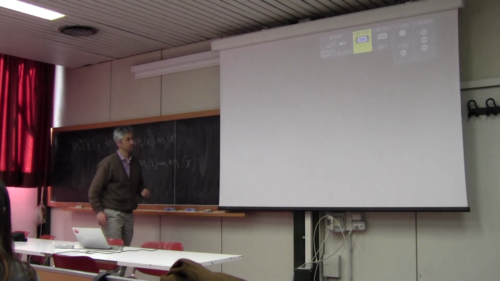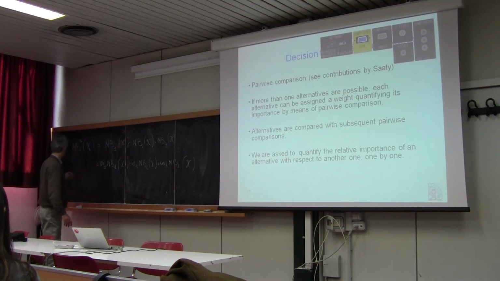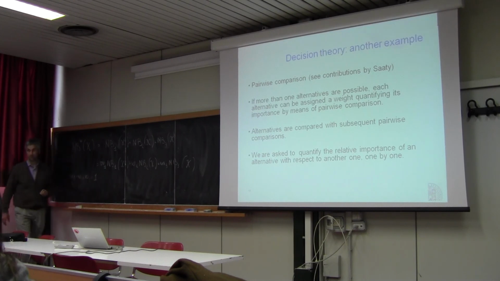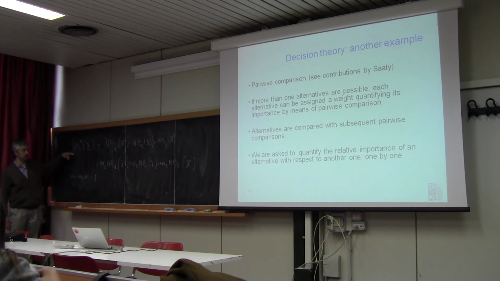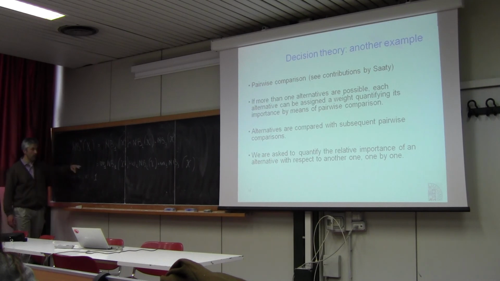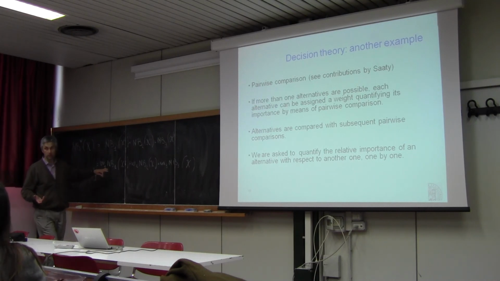And usually we put the condition for the weights that W1 plus W2 plus W3 is equal to 1. Therefore, what you obtain for the resulting objective function is a weighted average, media pesata in Italian, of the three individual objectives.